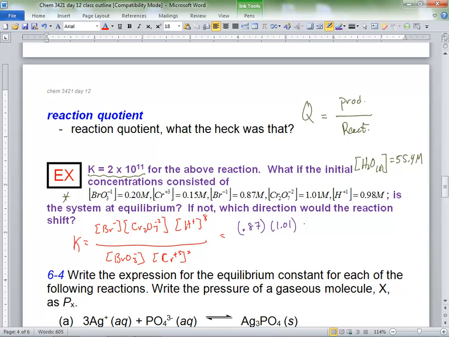We can do that. 1.01, 9 to the 8th. Chromium squared.